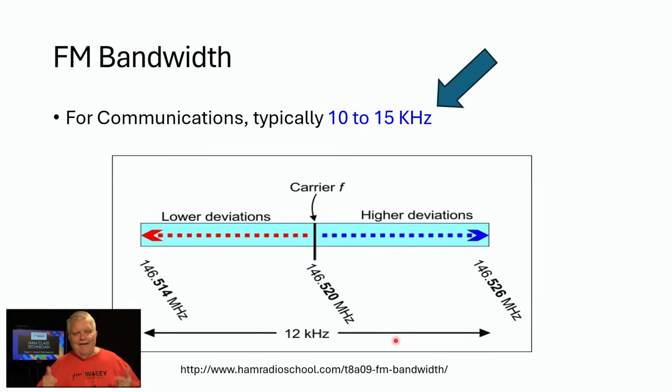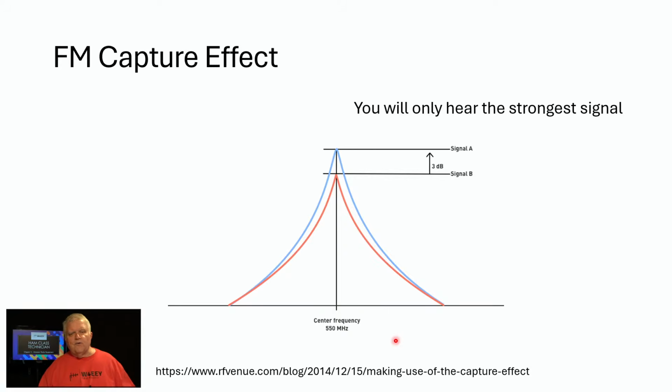The other thing about FM, it's not the transmission, but it's the receivers. FM receivers use FM discriminators, and the discriminators will capture the strongest signal and actually block out any of the weaker signals. So if there are two stations on the same frequency and you're trying to hear them both, you won't.